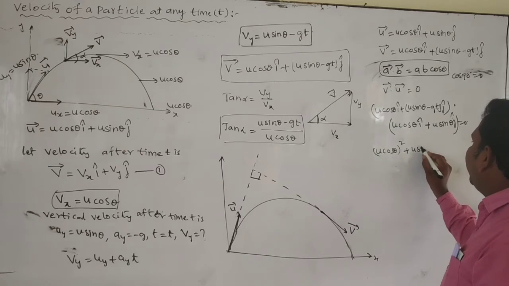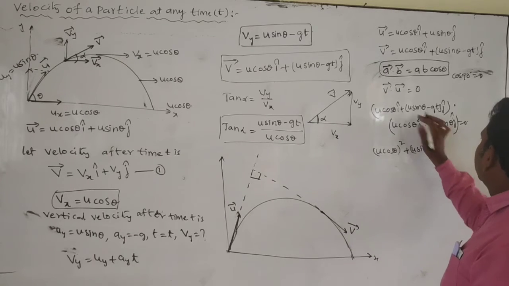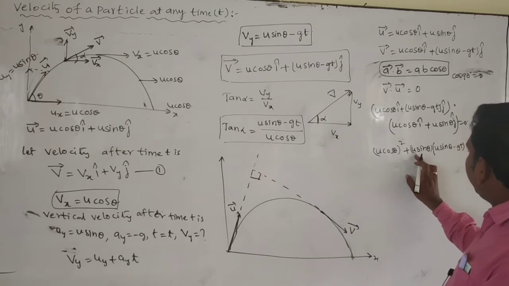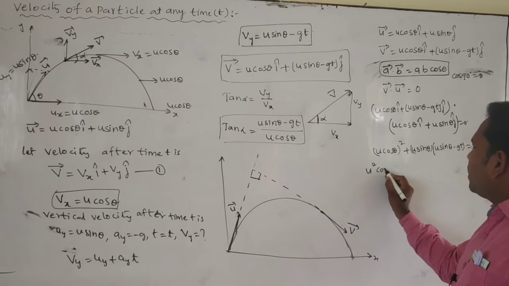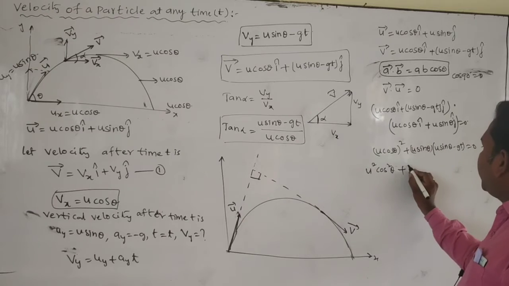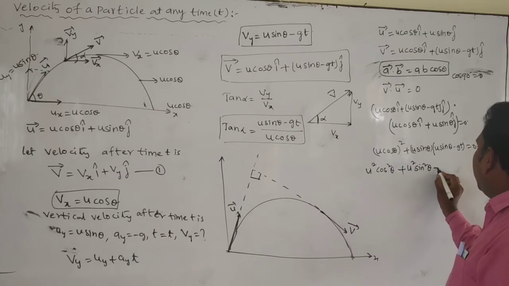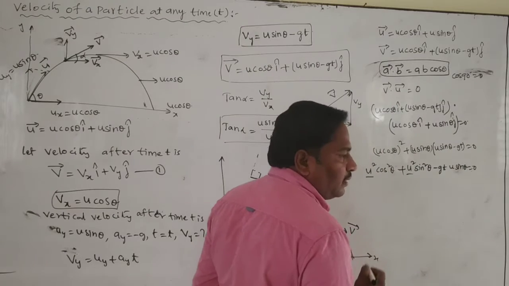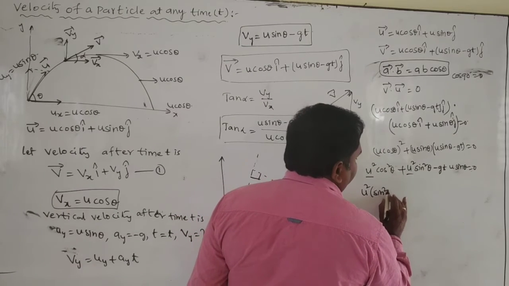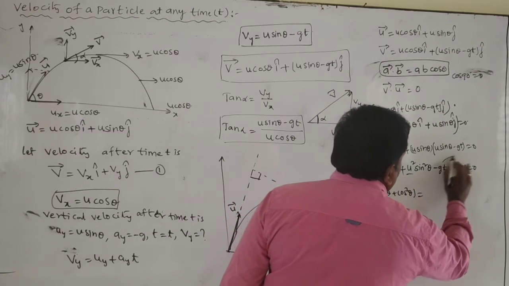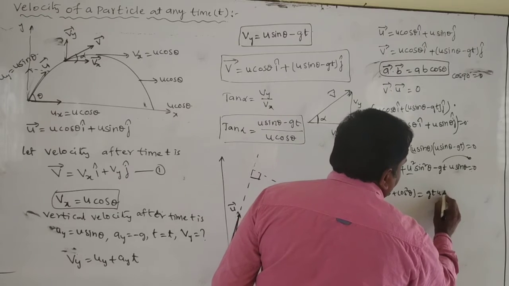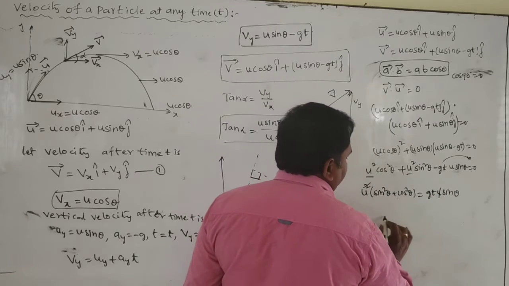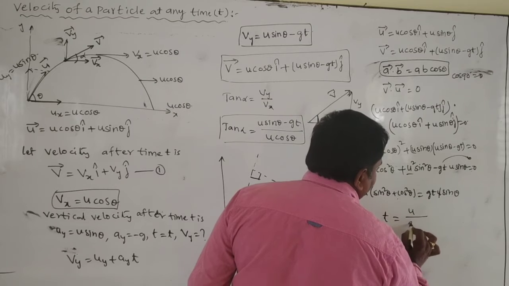So plus u sin theta into (u sin theta minus gt) equals 0. Multiplying, we get u square cos square theta plus u square sin square theta minus g t u sin theta equals 0. Taking u square common, sin square theta plus cos square theta becomes 1, and bringing the other term to this side, u square and u cancel, so time t is equal to u by g sin theta.